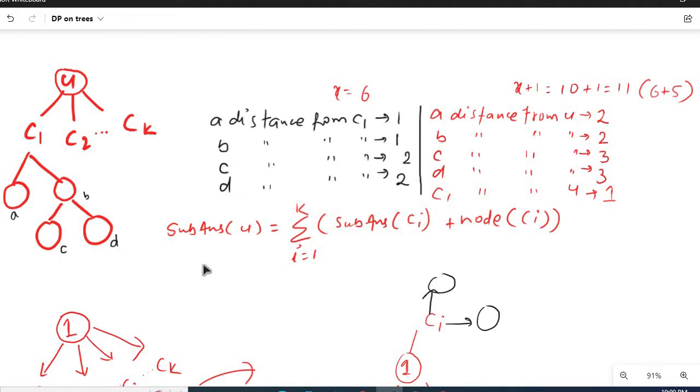Now the total sum is 11. So I can write a generalized formula: sum of answer U is equal to the sum of answer of Ci plus nodes of Ci, summation from 1 to k. I would do it for all of C1, C2, C3, C4. That is basically the concept.